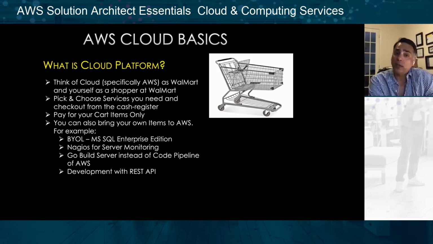You pay only for the items you have in the cart, or maybe the items you have actually used throughout the month. Even the storage, right? So you can probably get 8 gig of storage. In certain areas, if you allocate 8 gig of storage, then you have to pay for 8 gig regardless of how much you use. But in EFS, Elastic File Services, we'll talk later, you pay for as much space as you use.